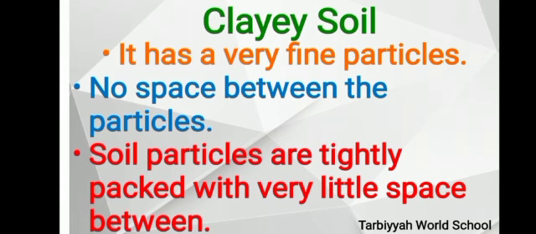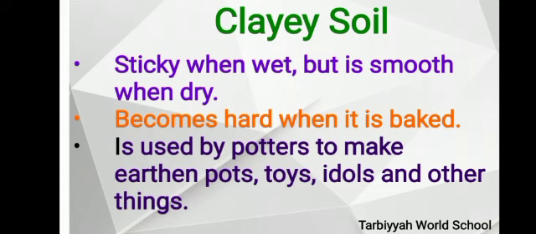Therefore, plants do not grow well in this soil. Water cannot go through clay soil easily. Now see, clay soil becomes sticky when wet, but is smooth when dry. Clay soil becomes hard when it is baked. It is used by potters to make earthen pots, toys, idols, and other things. Earthen pots are widely used for cooling water.